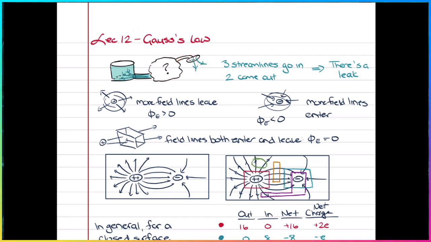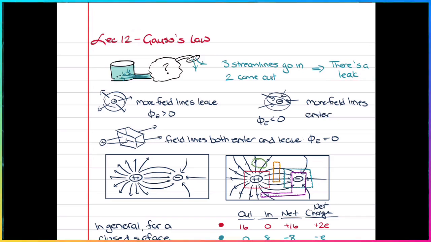Well, it seems like there was some sort of sink, and I don't mean actually sink in the bathroom, haha. 3 streamlines go in, but then only 2 came out of this mystery box. So something had to take away one of those streamlines. So we'd say there's a leak.